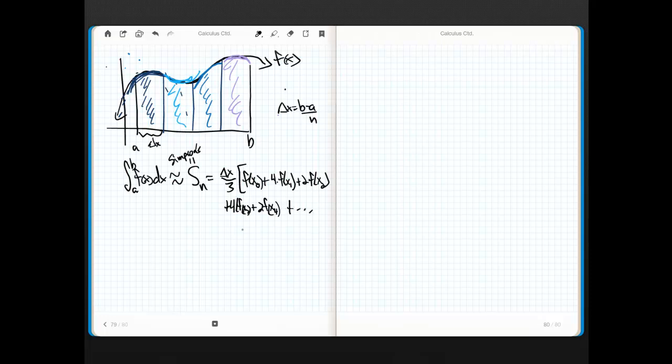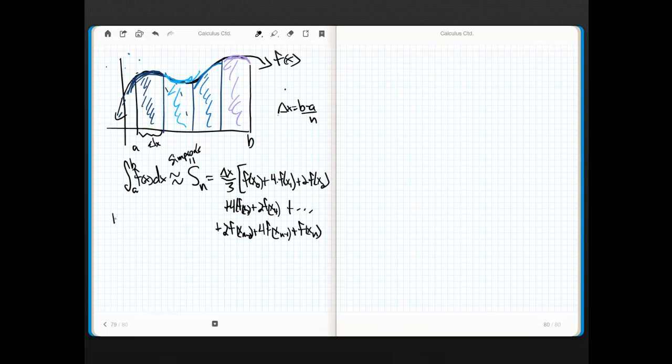Plus dot, dot, dot, and the way it works is it goes 1, 4, 2, 4, 2, 4, 2, 4, 2. And then we have to end the way that we started. So it's going to be 2 times f of x sub n minus 2, plus 4 times f of x sub n minus 1, and then plus f of x sub n.